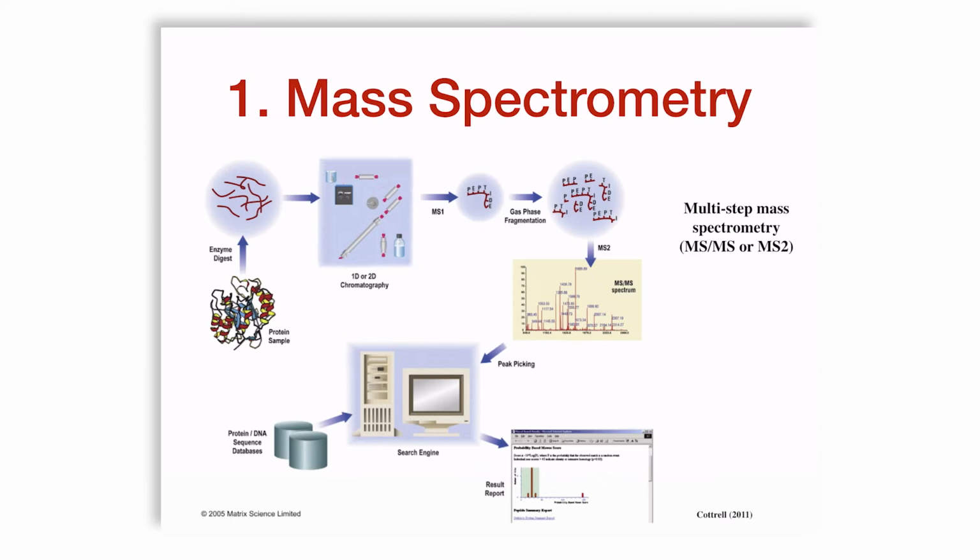But we don't end here. If you now feed it into a computer, which is connected to a search engine of a DNA protein database, then the software, typically designed for these kind of problems, is capable of doing peak picking, meaning identifying the peaks, matching them with the database, and predicting a result that is your expected protein sequence.